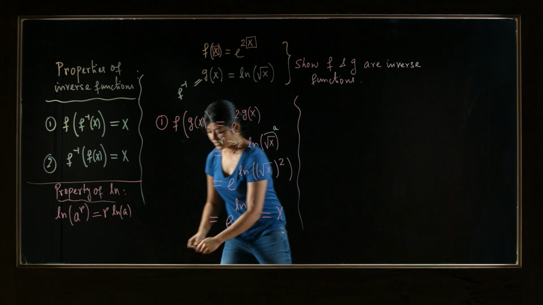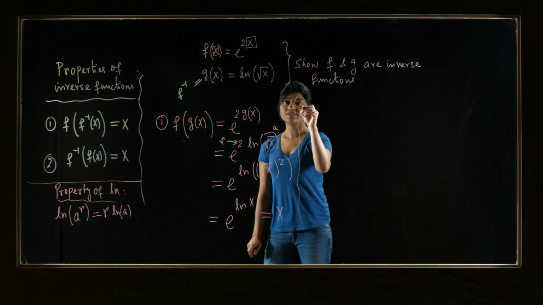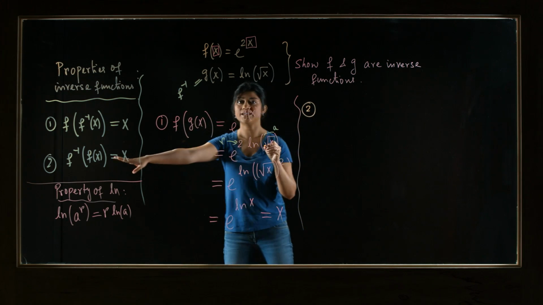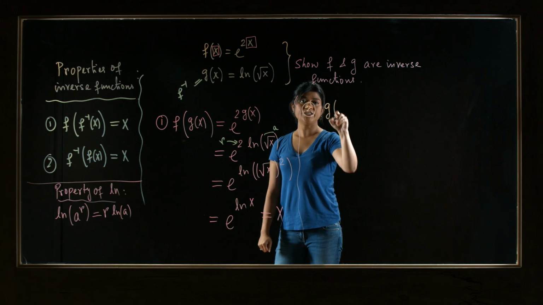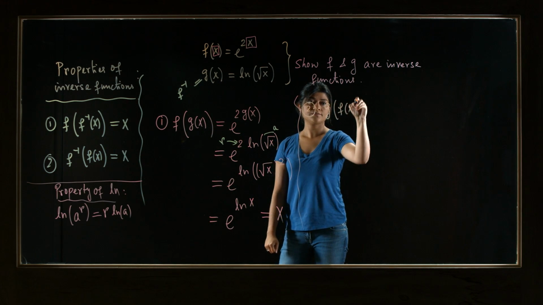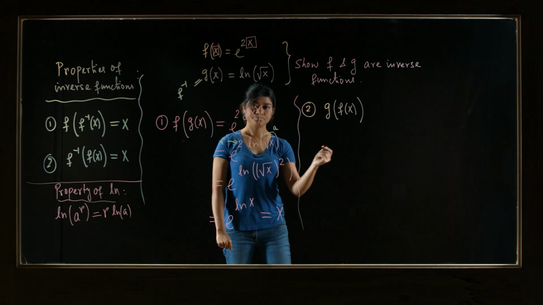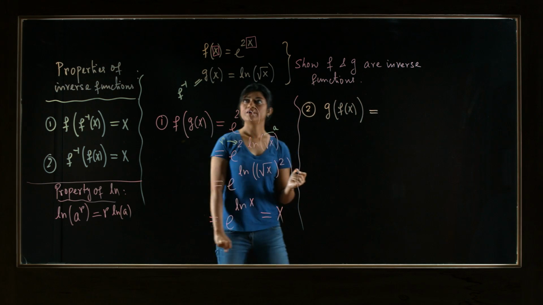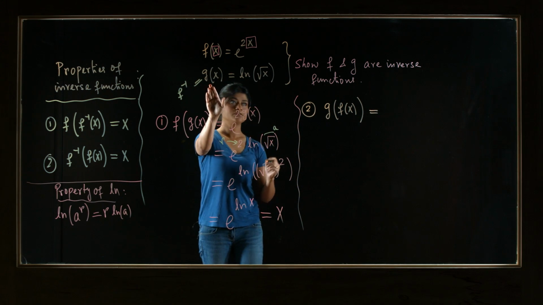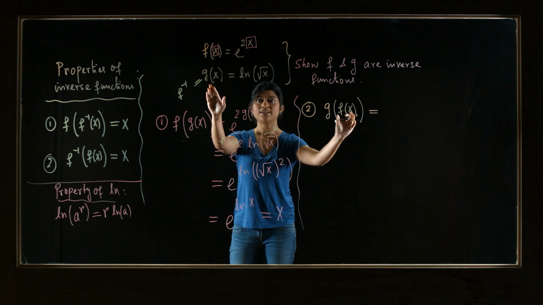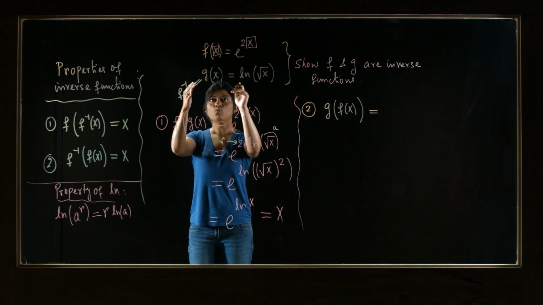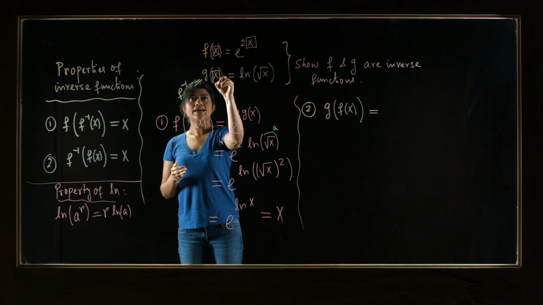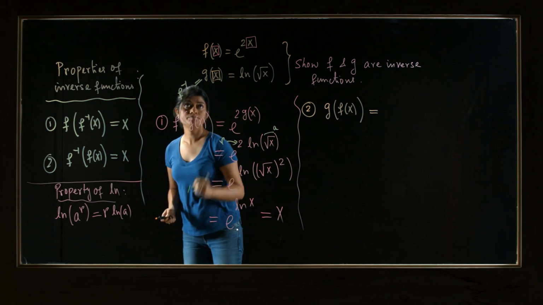Let's move on and see if the second property of inverse functions is satisfied or not. In this case, we are going to show g of f of x is x. Let's do it the same way. What is g of f of x? You're evaluating g at f of x. Again, go back to the g function and consider wherever there is x, there is an empty box.